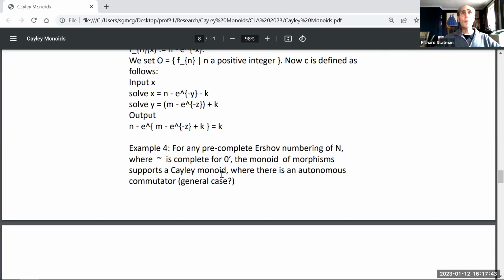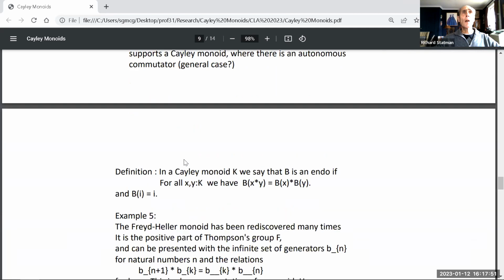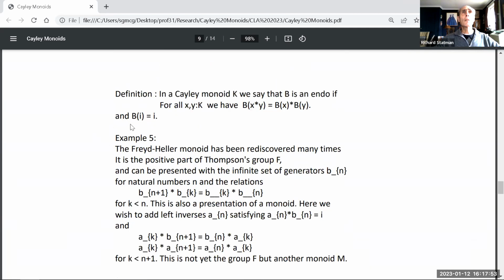So the general case for Ershov numberings, I just don't know the answer. So there's a number of examples, but the existence of an autonomous commutator, especially for the entire monoid, doesn't happen very often.